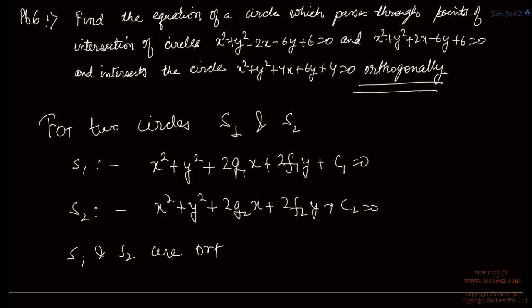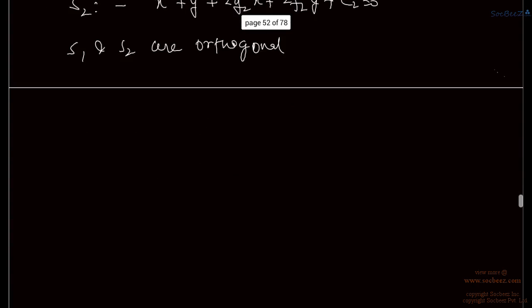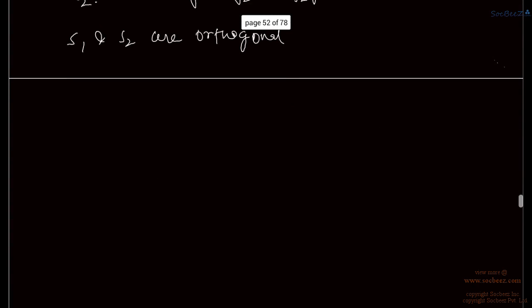So S1 and S2 are orthogonal. What does it mean?